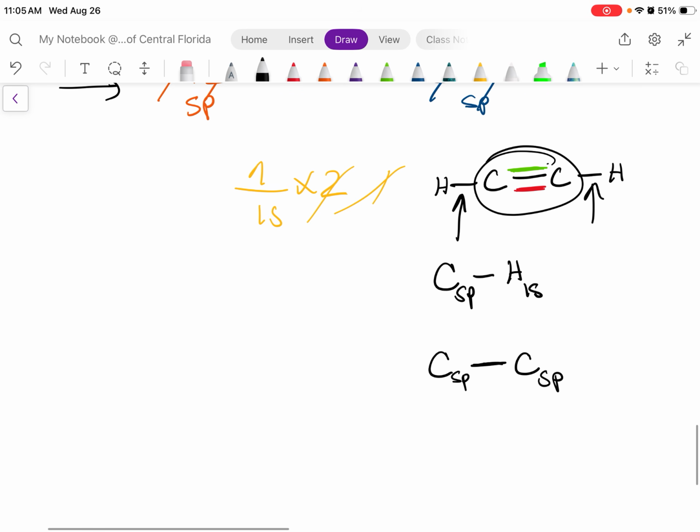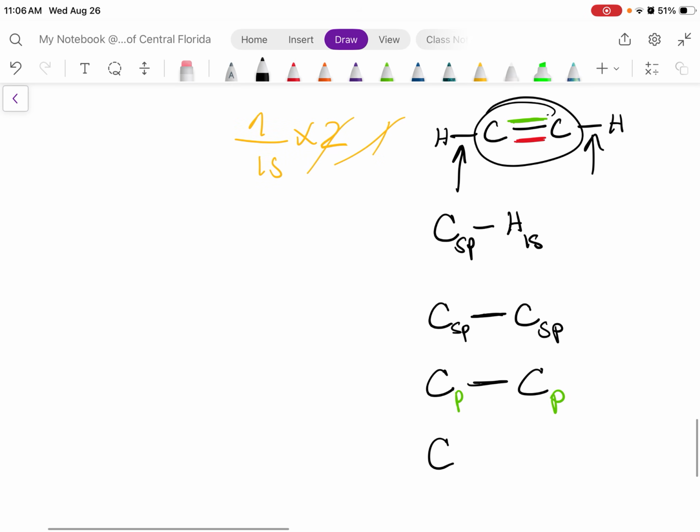Those same carbons also have a p orbital bonded to another carbon with the same p orbital. But then you also have the same carbon bonded to the same carbon using our red p orbitals.